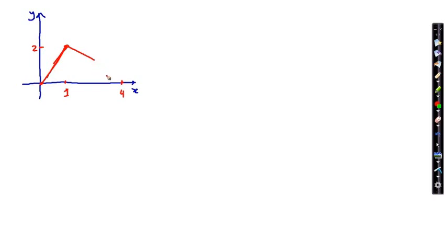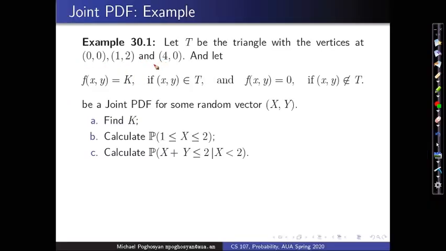I have the following triangle. Let me try to join the points, something like this, and this part also. So this is my T. What do I have next? f is equal to K if the point (x, y) is in T, and 0 otherwise.